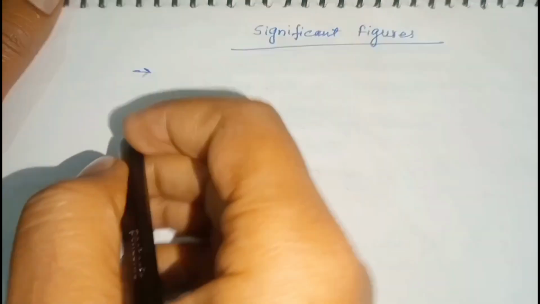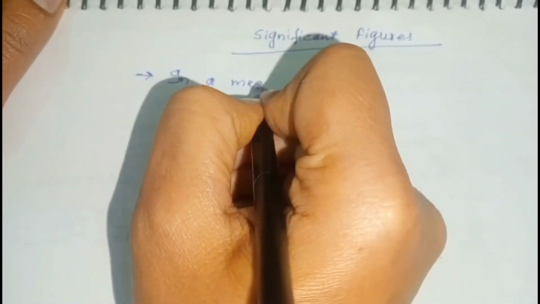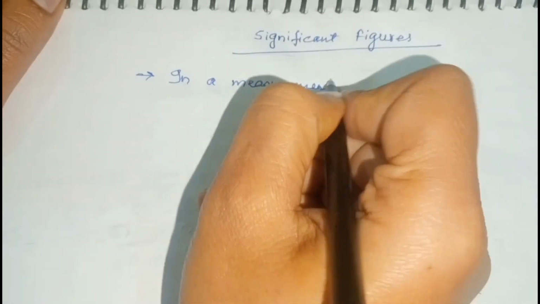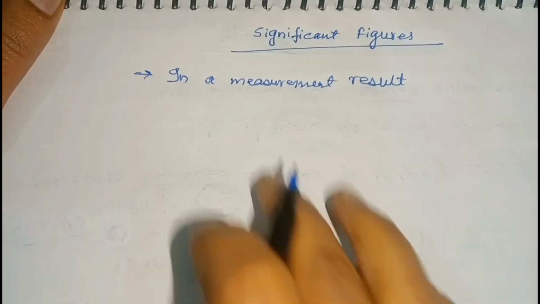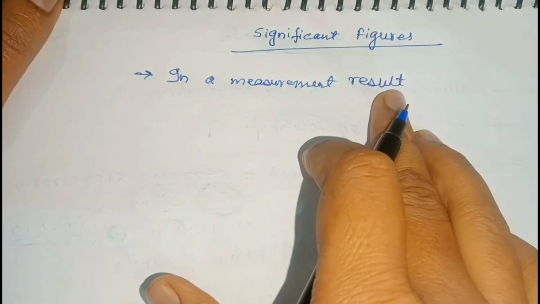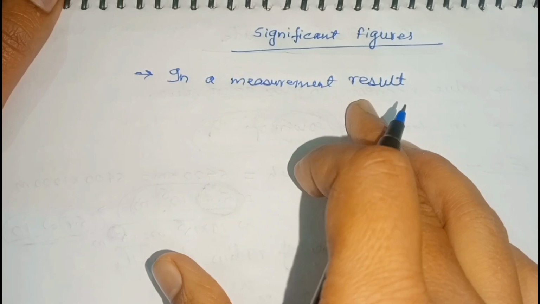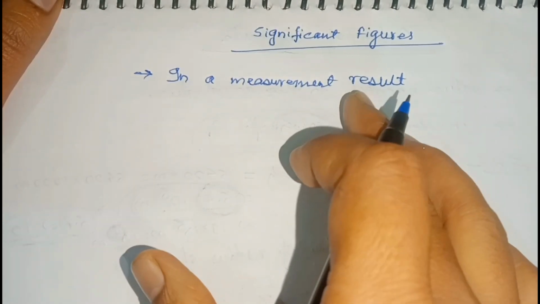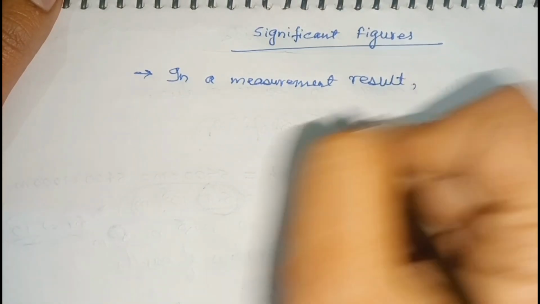In a measurement result, there are some digits that are known reliably, plus the first uncertain digit.